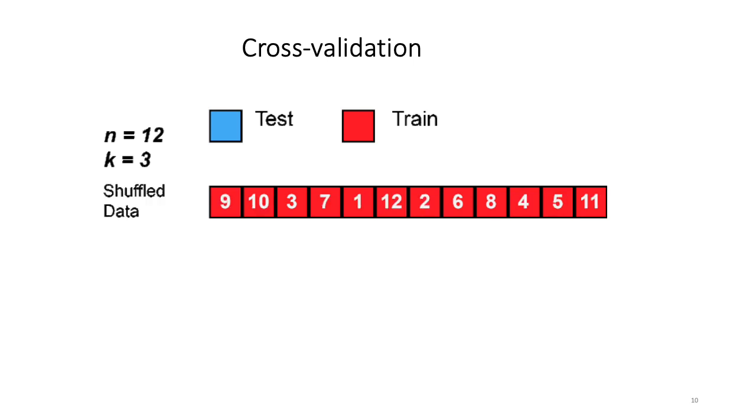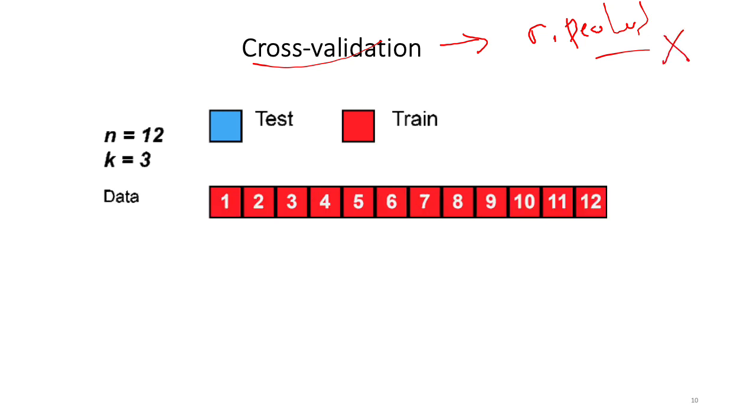This leads us to another evaluation method called cross-validation. I'm sure you've seen this before as one of the options in Weka for testing. Cross-validation is another type of repeated holdout method, but it avoids the overlapping problem.